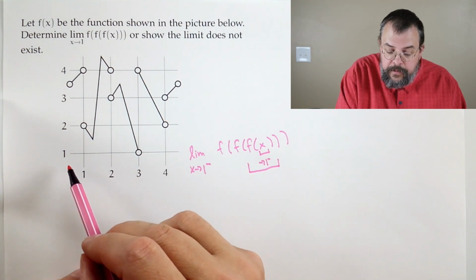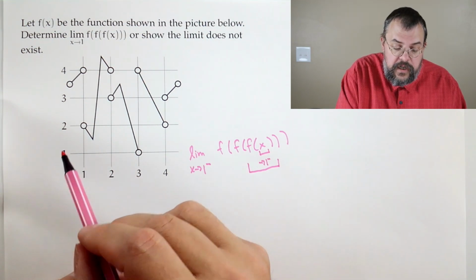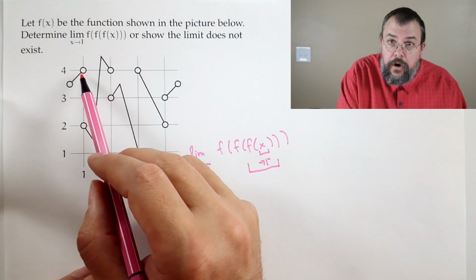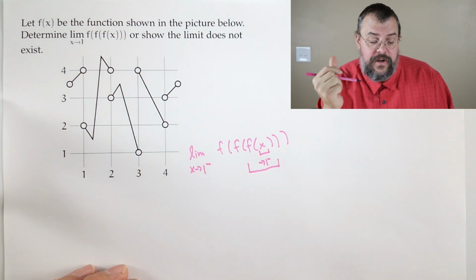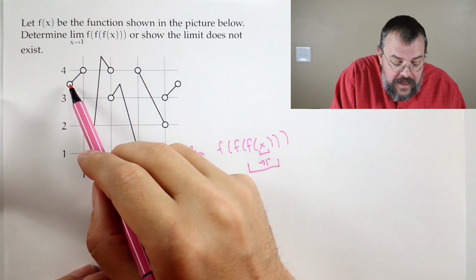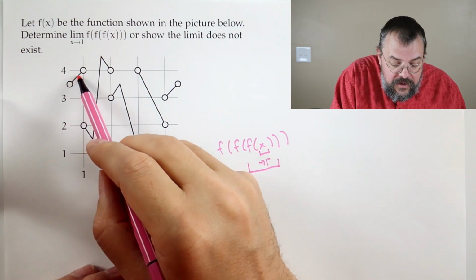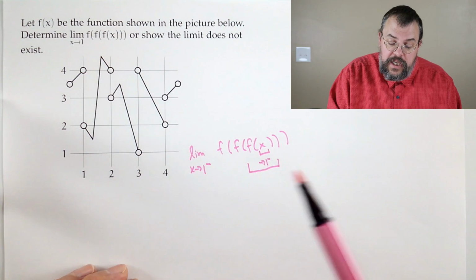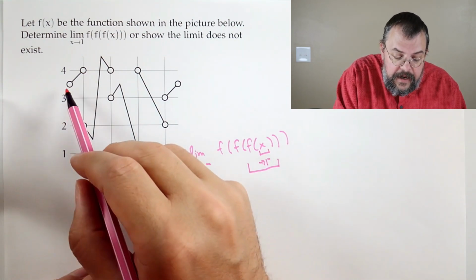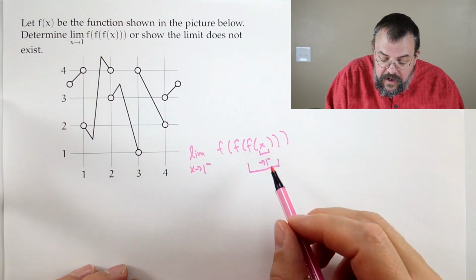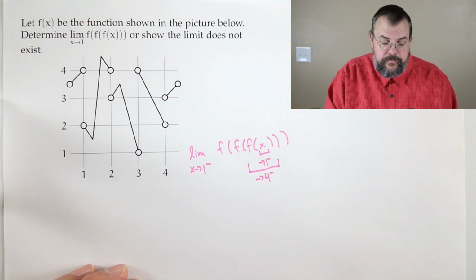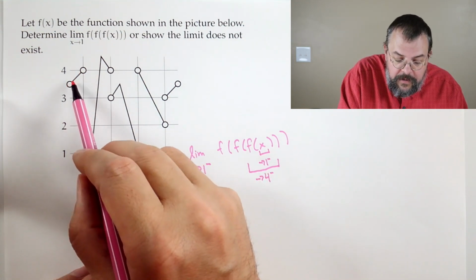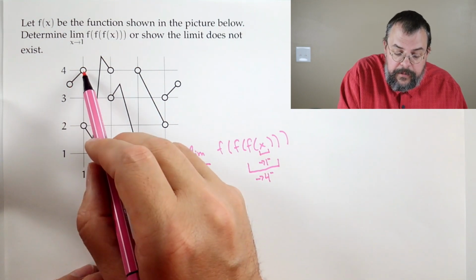As I approach 1 from below, what is f doing? Well, it's going towards 4. Well, let's be careful. How is it going towards 4? As I go towards 4, I'm going from a lower value to a higher value, which means that this next layer is approaching 4 from below.